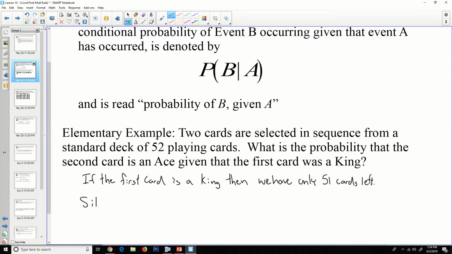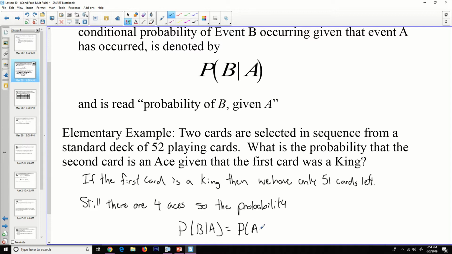There are four aces. So the probability, and this is classical probability, of P of B given A, in this case, probability of an ace given king, will be 4 out of 51. We can leave it like that, or you can put it in a calculator, that's fine, but we want to move on.